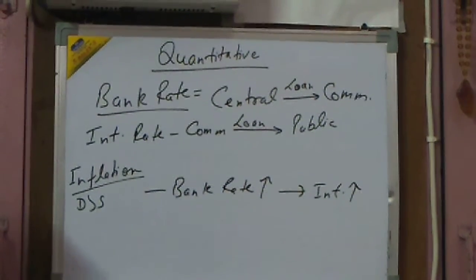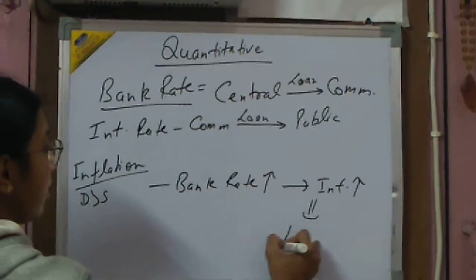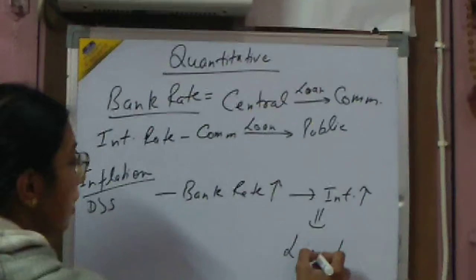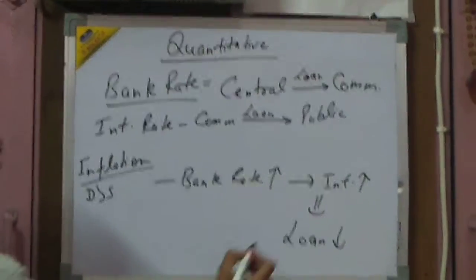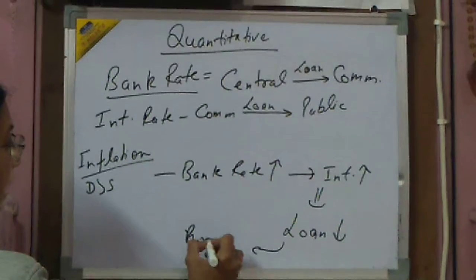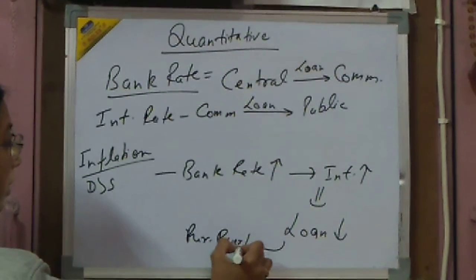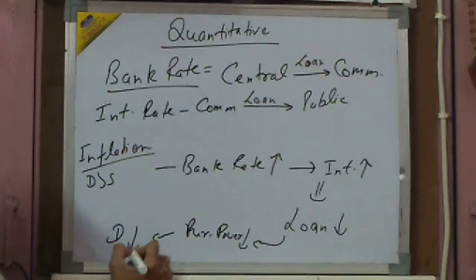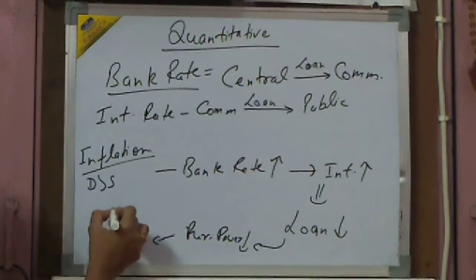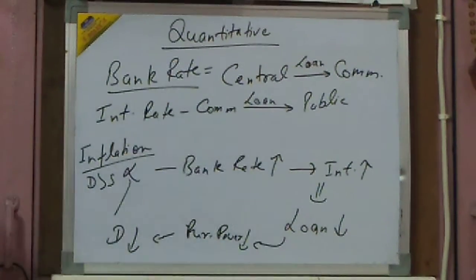When they increase the interest rate, then people will take less loan. When people take less loan, their purchasing power decreases. When their purchasing power decreases, the demand decreases. When the demand decreases, automatically this inflation is wiped out.